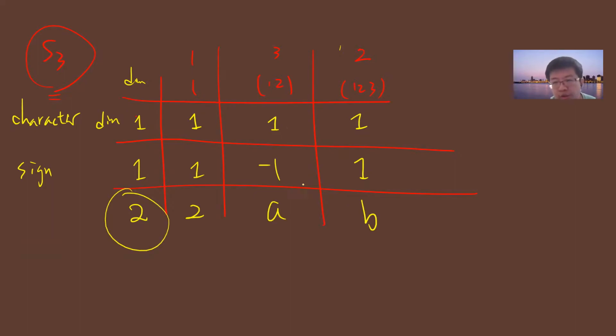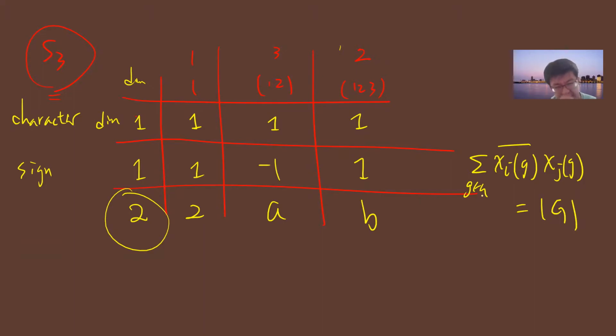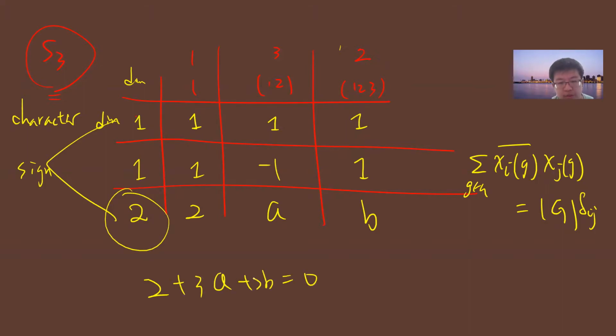And then we use the orthogonality, right? So remember that the sum over g in G of chi_i(g) times chi_j(g) is |G| times delta_ij. So if we use these two, we get 2 plus 3A plus 2B equals 0, and then if we use these two, we get 2 minus 3A plus 2B equals 0, right?